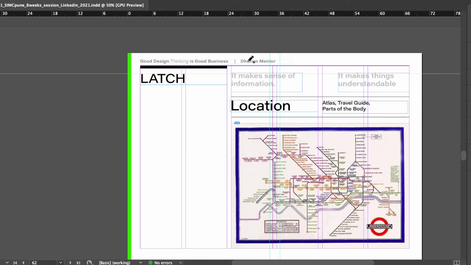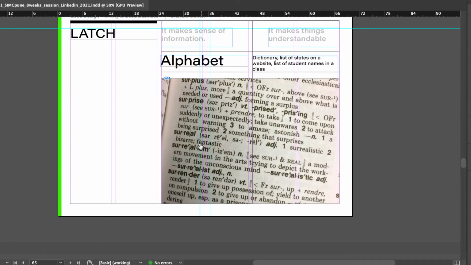You can see that maps extensively use location factors in organizing information. When it comes to alphabets, a dictionary extensively uses alphabetical order for organizing its data points.